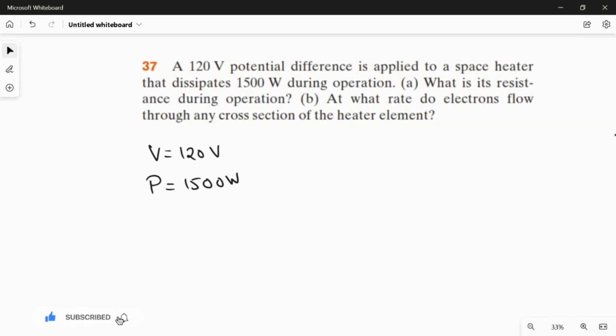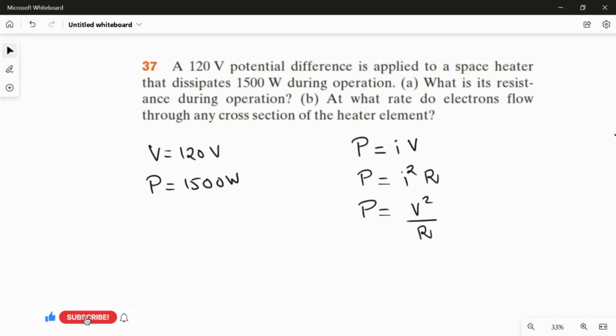So in the first question, if you want to find the answer for the resistance, in theory, we studied three equations for calculating the power. So what are they? Power P equal to the current multiplied by the potential, power P equal to current square multiplied by resistance, and the third equation is power P equal to potential difference square over the resistance.